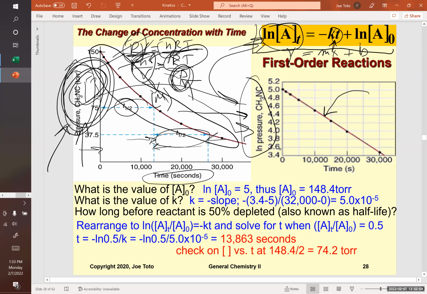Now, if this was not first order, if it was another order, then this log of the concentration versus time would not come out as a line. If it was second order, what would I have to plot here for a line?